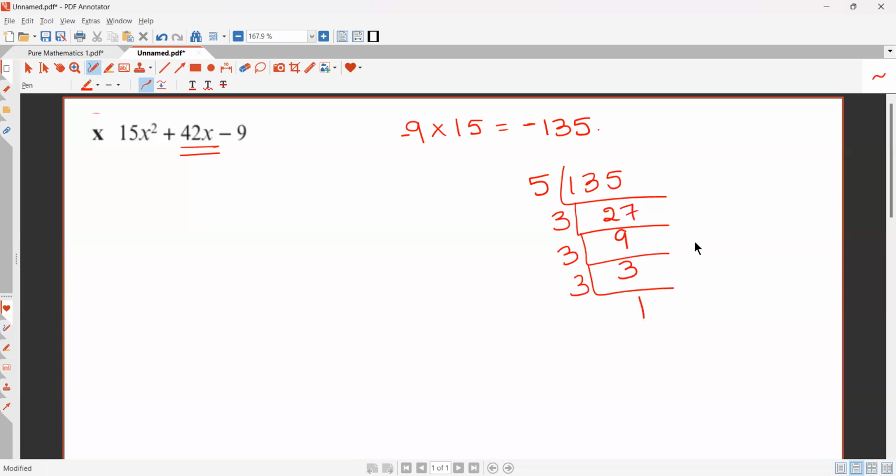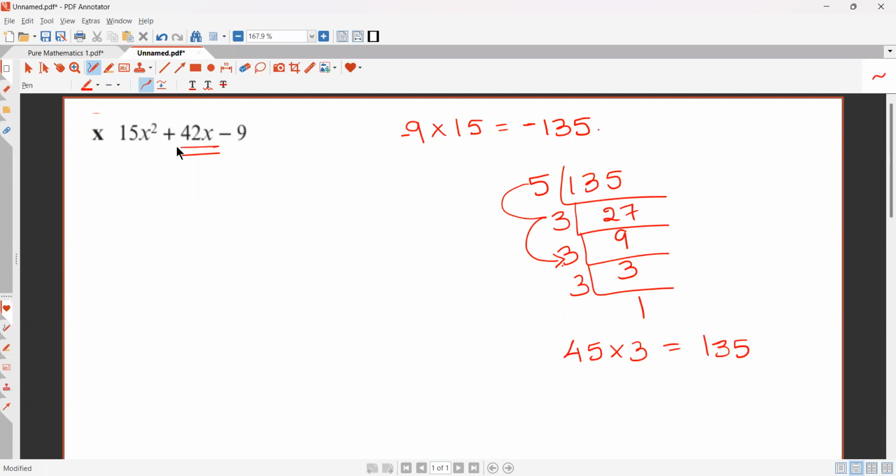You need to do it in such a way that when you multiply this, 3 fives are 15. What is 15 threes are? 45. See, 45 we got. So that means 45 multiplied by 3 is 135. Yes or no? 45 multiplied by 3 is 135.